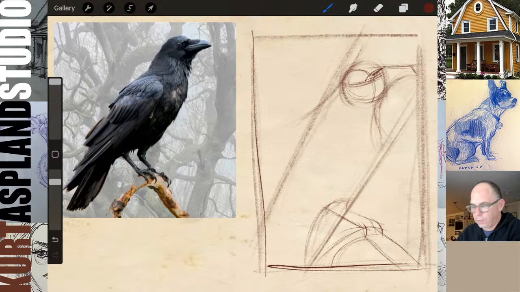And I hope that didn't confuse you. All right, let's put a line. This line for his beak is a little bit below his eye. Do you see that?